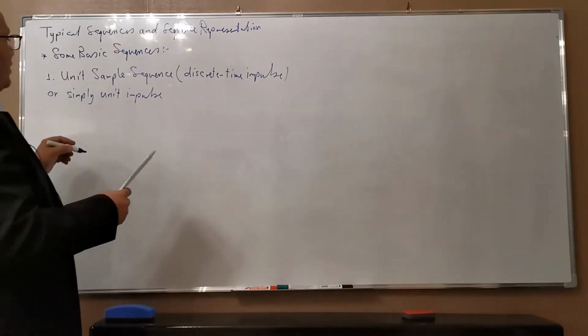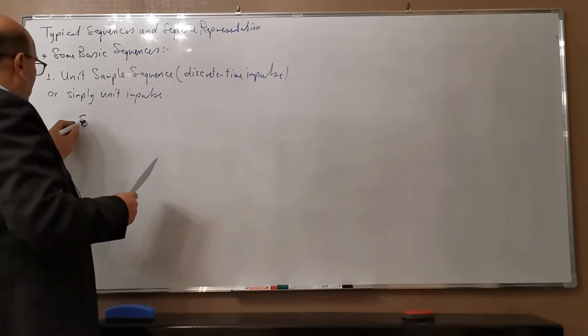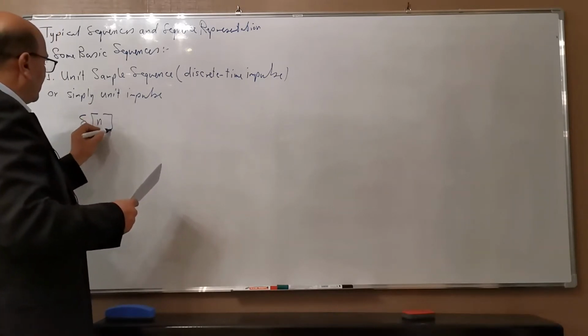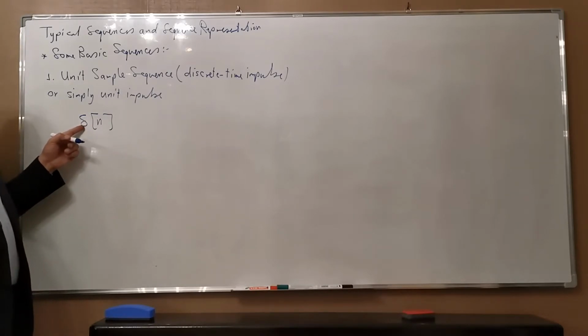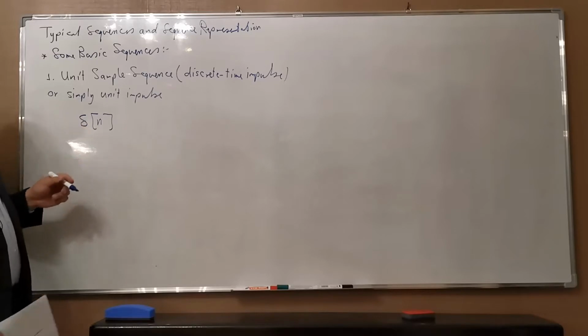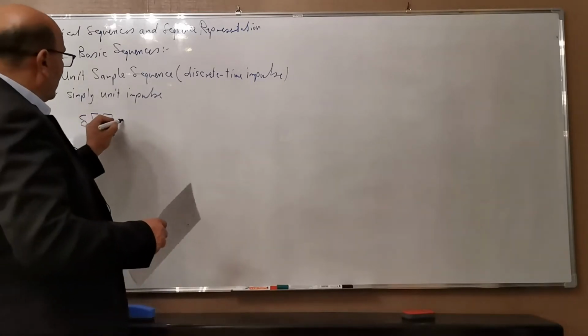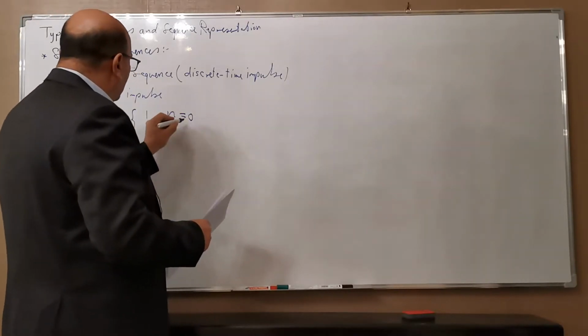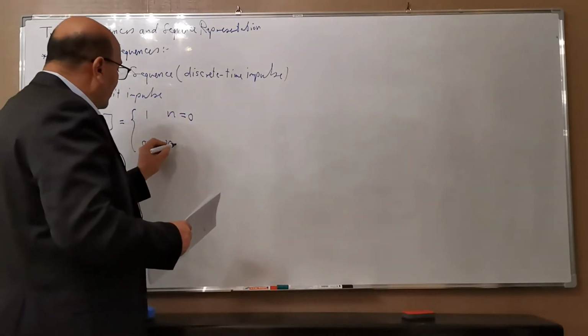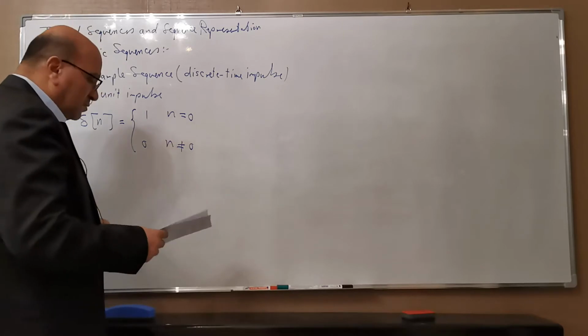The definition of the unit sample sequence is delta of n. So we use the same symbol as in the continuous time domain, delta of t, but here we define it as delta of n. This is equal to 1 for n equals 0, and 0 for n not equal to 0.